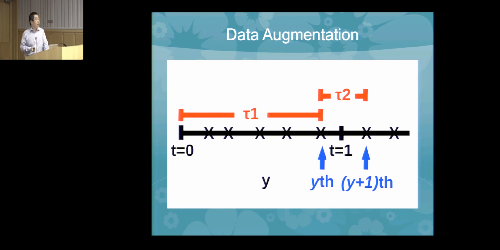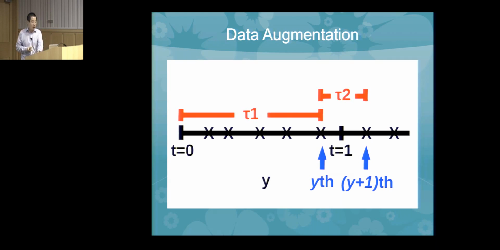Both tau sub 1 and tau sub 2 are continuous data. So instead of dealing with the very difficult Poisson likelihood and count data, we can turn the count data into continuous data and perform our sampling on it, which makes things much, much easier.